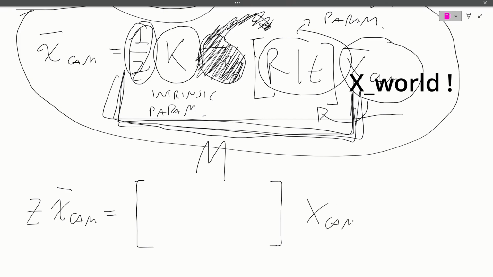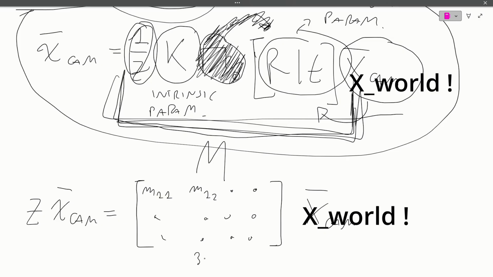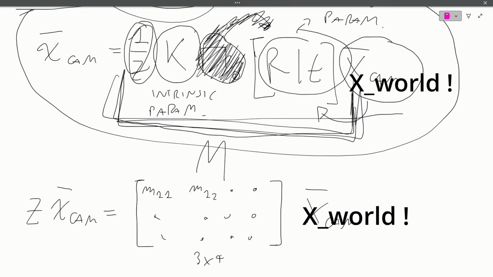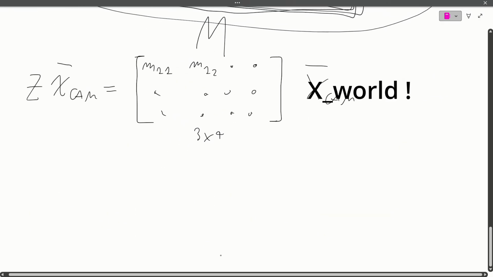So we just have x cam, and we want to find the M matrix. We don't know it, so it's M11, M12, and so on. You can check it, this is a 3 by 4 matrix. We want to find it, but it's not so difficult.